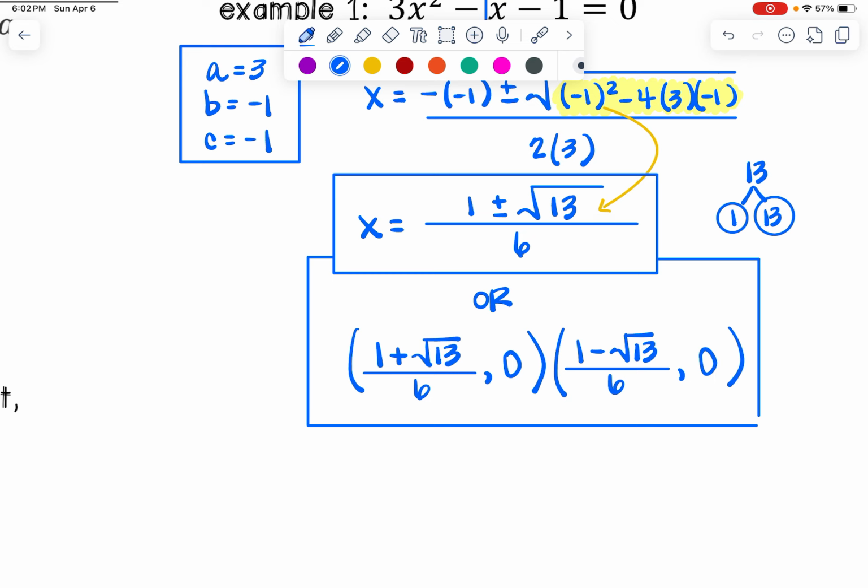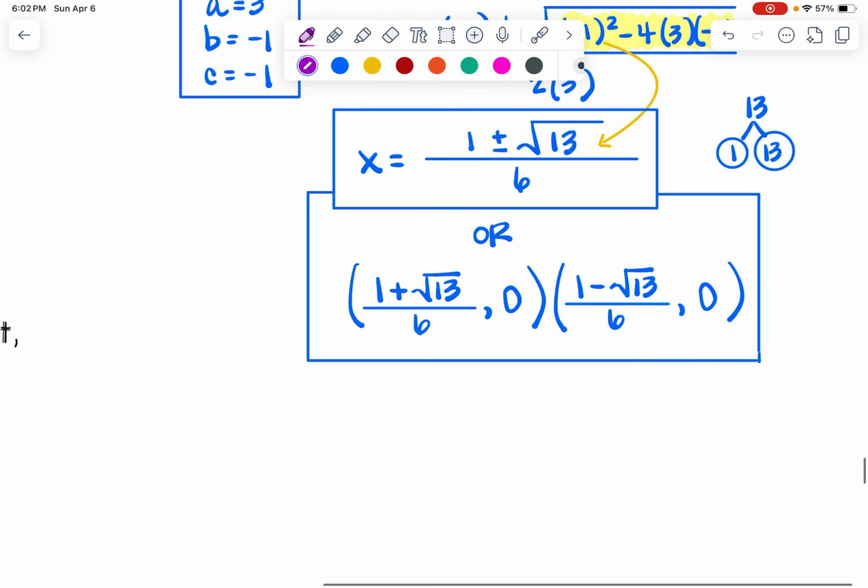All right. You can check your answers in Desmos, but that takes a little bit of work because you're going to have to type in 1 plus the square root of 13 divided by 6. So let me see, 1 plus the square root of 13, divide that whole thing by 6. Again, I'm not going to go this in depth on every problem.